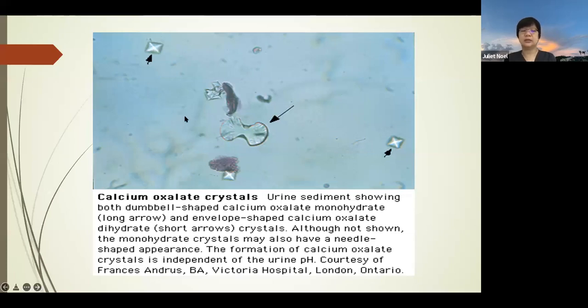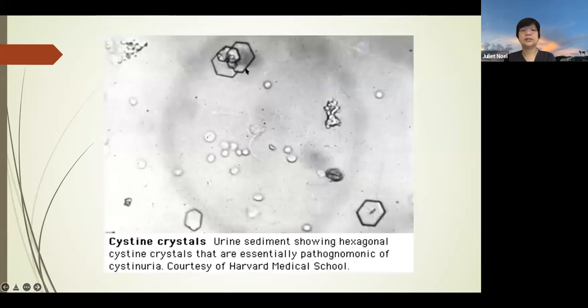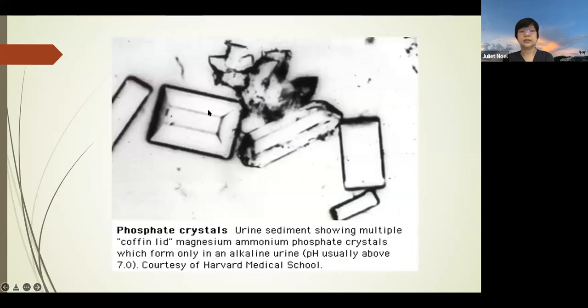That can be seen in normal urine. These hexagonal crystals are cystine crystals, which are abnormal. The coffin-lid crystals are magnesium ammonium phosphate crystals, triple phosphate.